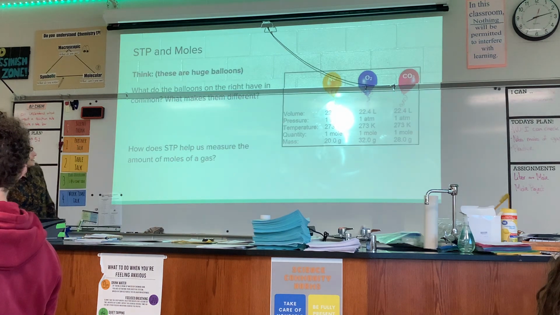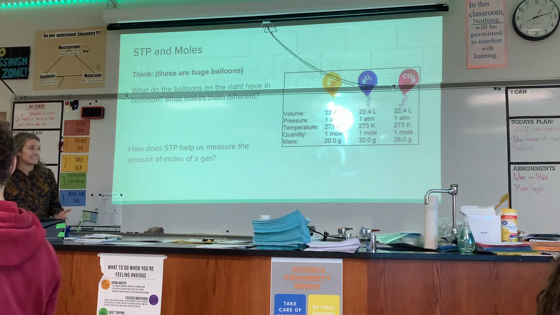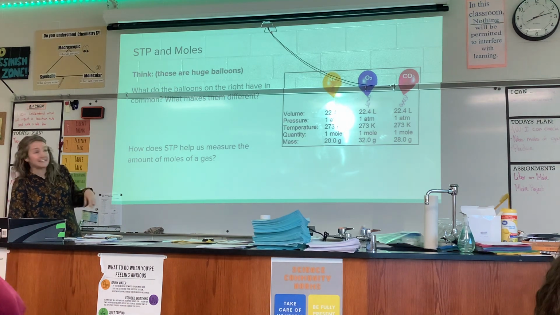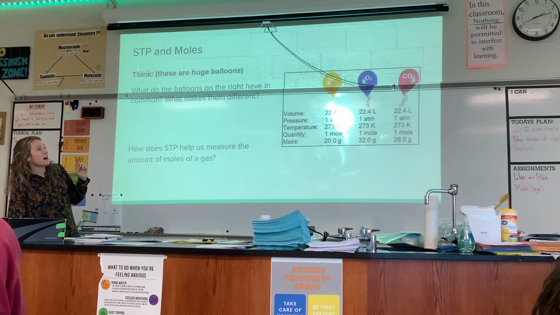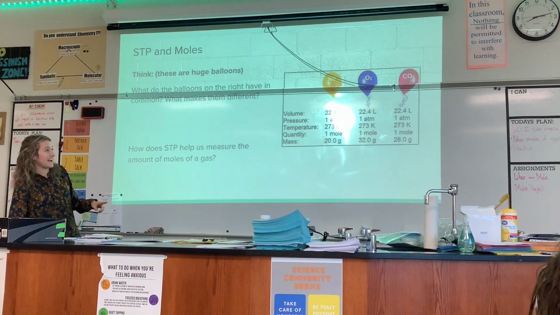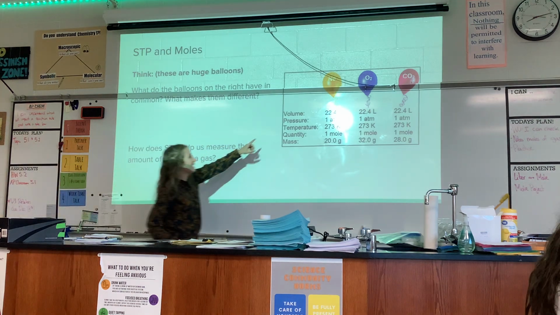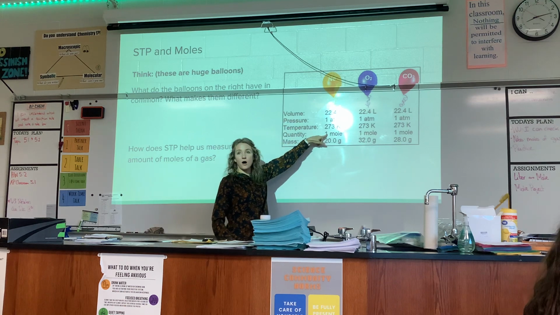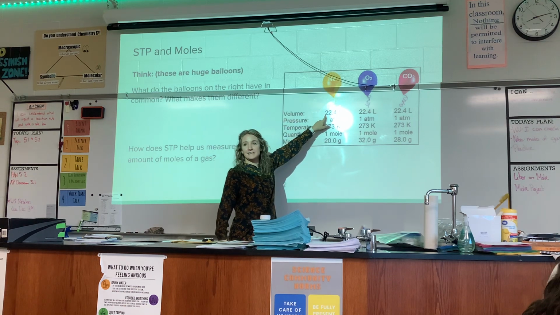So. Okay, so let's take a look here once again, just to visualize what this is saying. Imagine everybody, if I had a balloon of neon gas, a balloon of oxygen gas, and a balloon of carbon dioxide gas. If we are at standard temperature and pressure, 1 mole of all of them will always be 22.4 liters.